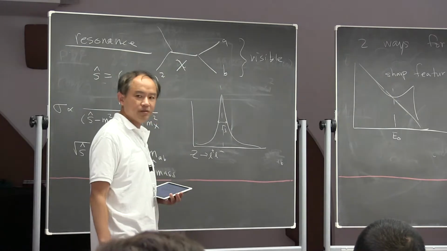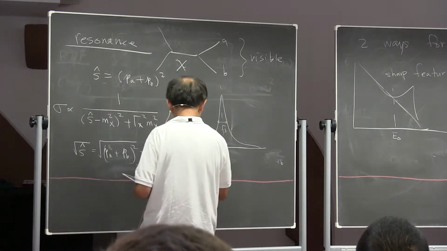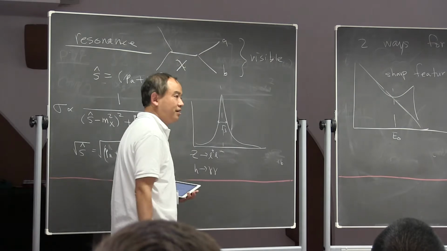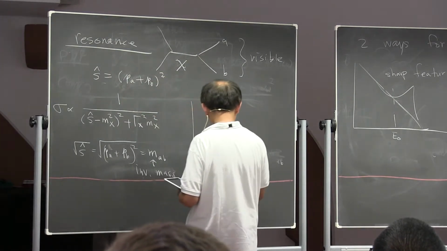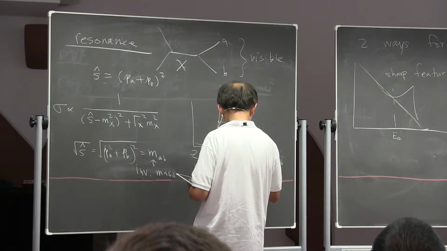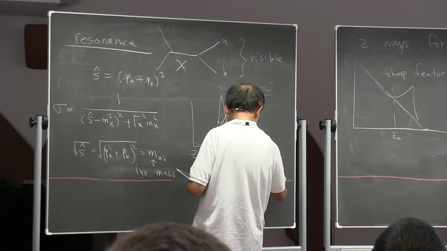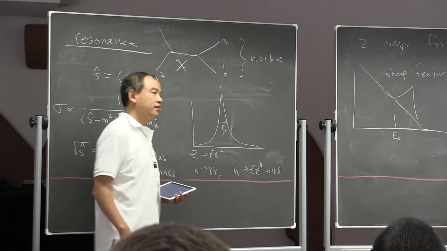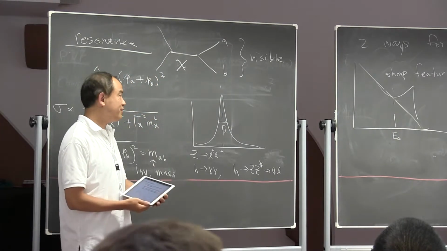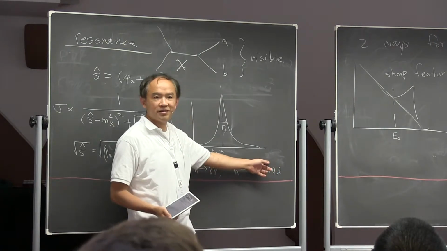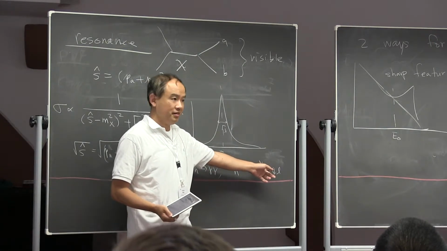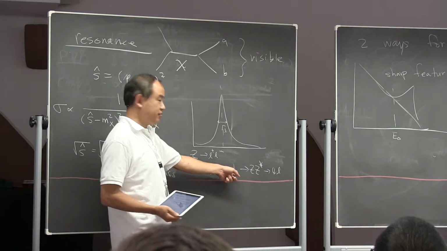Another example is Higgs goes to gamma gamma. Yet another, perhaps better example, is Higgs goes to ZZ off-shell goes to four leptons. Even though this is not 2 to 2, you can add the momenta of these four leptons together. It also has a peak at mH.